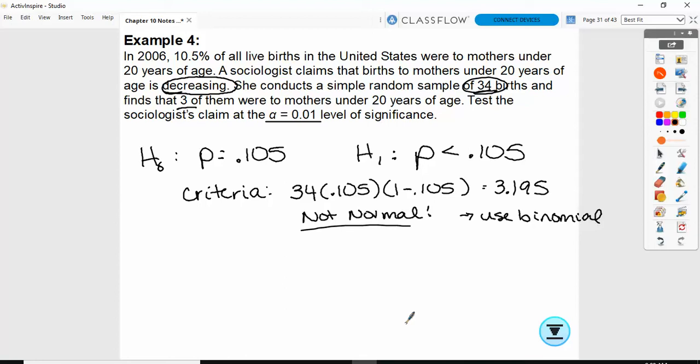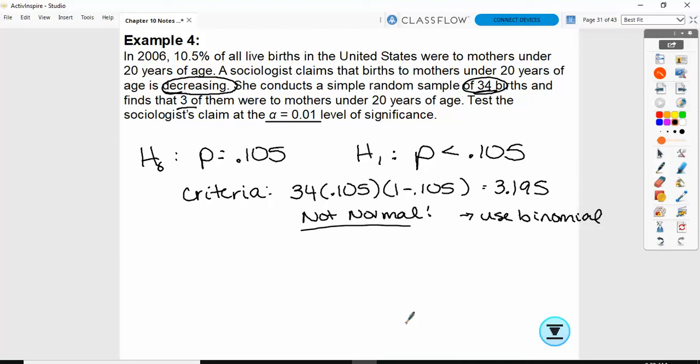No, it gave us n values 2, 4, all the way up to 12, and then it gave you 15 and 20, and then it stopped. Because when n is 20, that took half a page to put the table on there. So can we rely on this all the time? No, we had to use the formula for the rest of the time. When I'm looking at this, if my n is 34, this table is not enough. It doesn't go up to 34. So we would actually have to do this by hand, which is a little more time consuming.